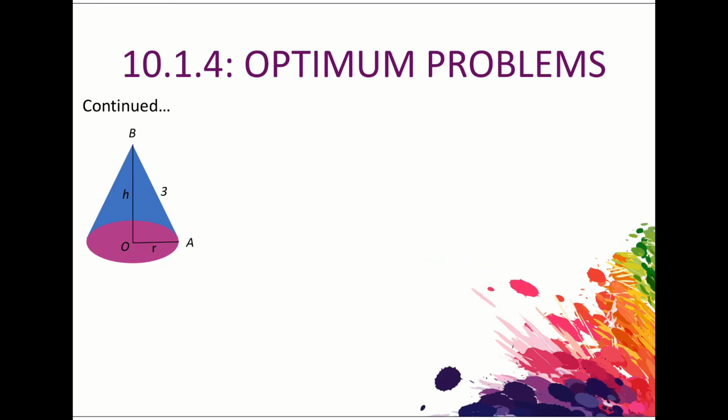And then we need to find that maximum volume using the value of h that we already obtained. So V maximum is equal to, using the formula for V, which is 3 pi h minus pi over 3 h cubed.